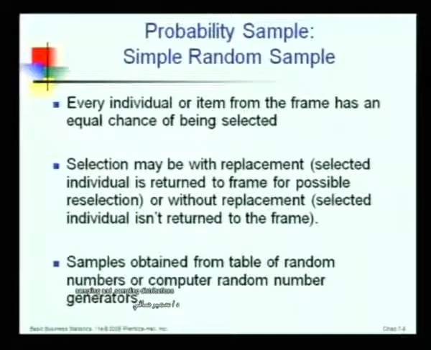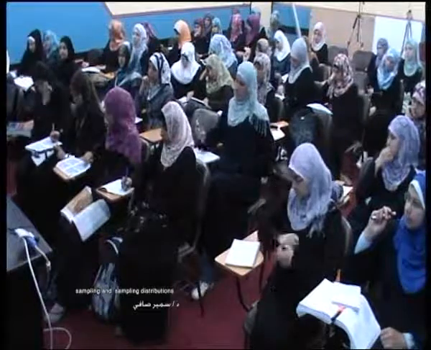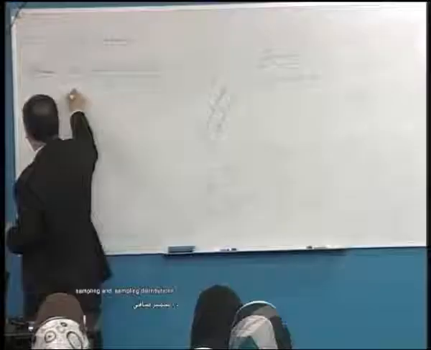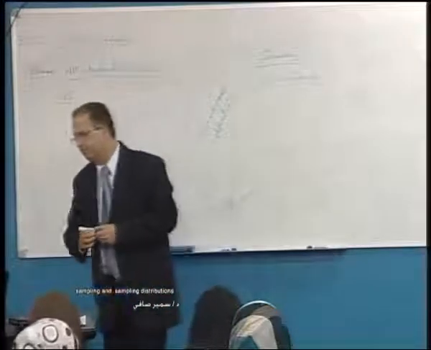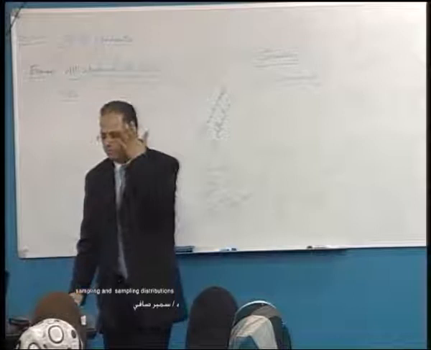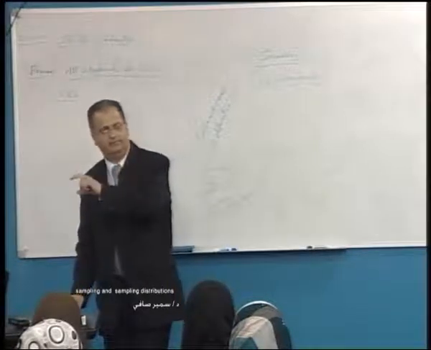The first type of probability sample, and the easiest one, is the simple random sample, generally denoted by SRS.